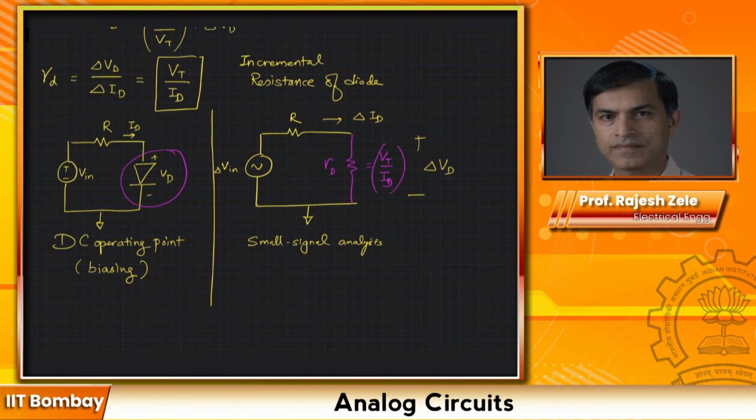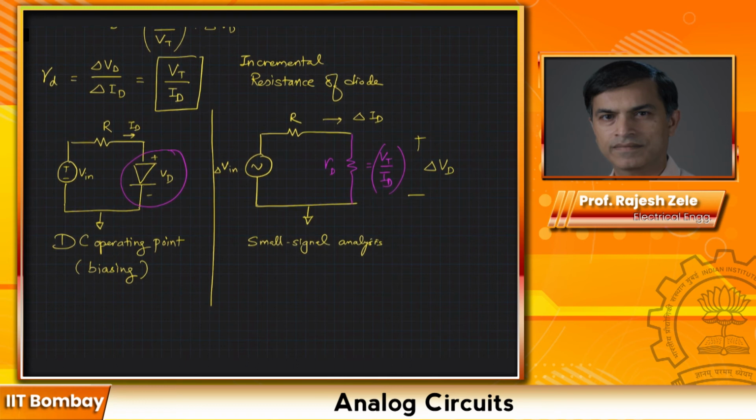And you started off with a number of 750 millivolts, and then we did a whole bunch of analysis, and we came back with one level of iteration. What is the value of ID, the DC current, and what is the value of Vd, the DC voltage across the diode, that satisfied our original equation for the diode.